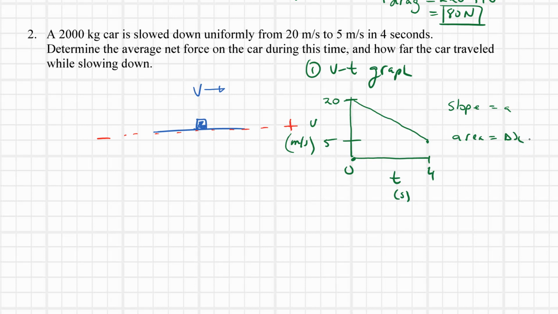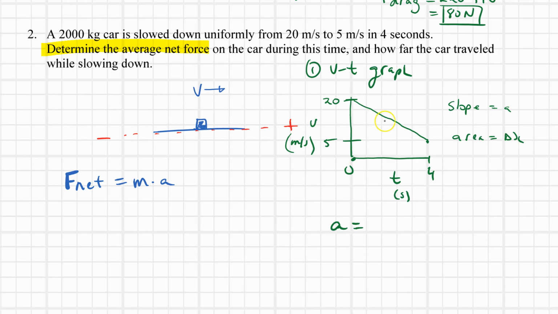So the question asks, first of all, to determine the net force. Well, what's the relationship between the kinematics and the net force? The net force is equal to the mass times acceleration, and I can use my kinematics over here to figure out what acceleration is. So what's acceleration going to be?